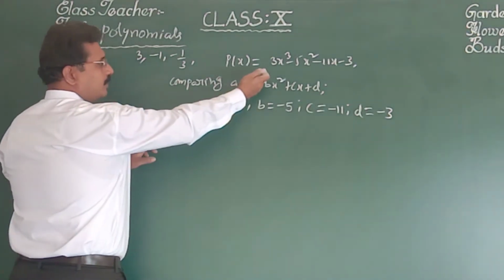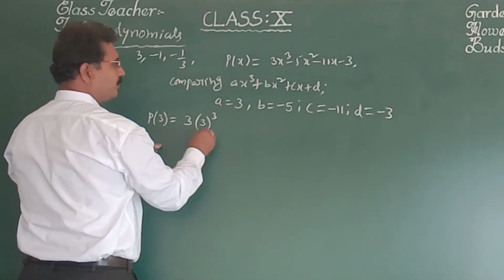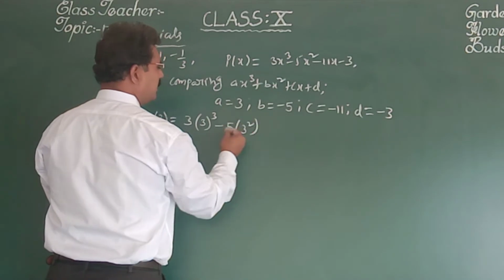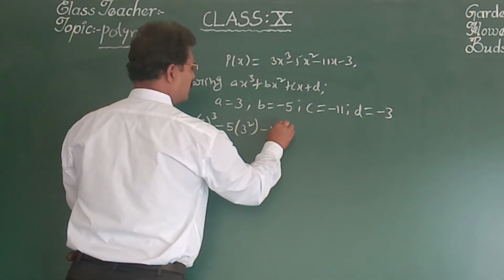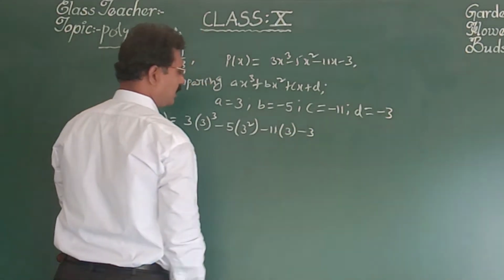This is very important. P of x means 3 cube minus 5 into x square, that is 3 square, minus 11 into x, that is 3, minus 3.